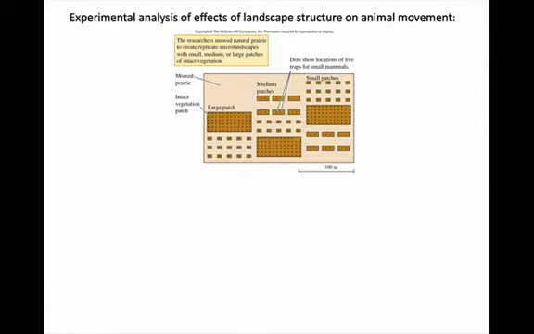Here you have a large contiguous patch, and there are several of these large contiguous patches. There are some medium patches that are much more fragmented, and here's one and here's another, and then there are some small patches that are really fragmented. Each of the dots is a trapping location. And what we're trying to do is ask how mice and rats move in these habitats.